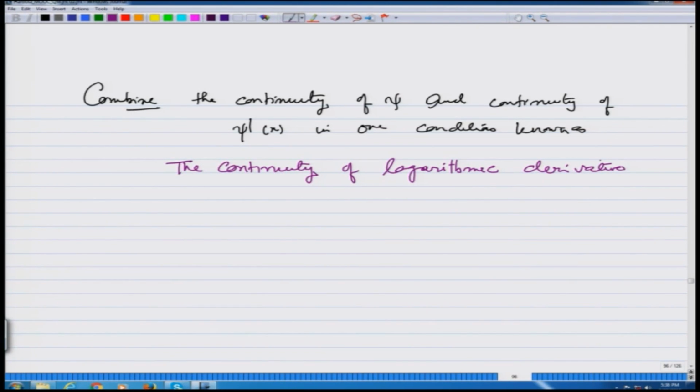So, in this case what I do is I take psi prime x 0 over psi x 0 left and compare this with psi prime x 0 over psi x 0 coming from right and check if they are equal.